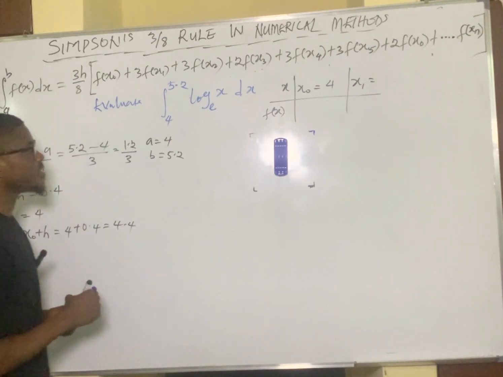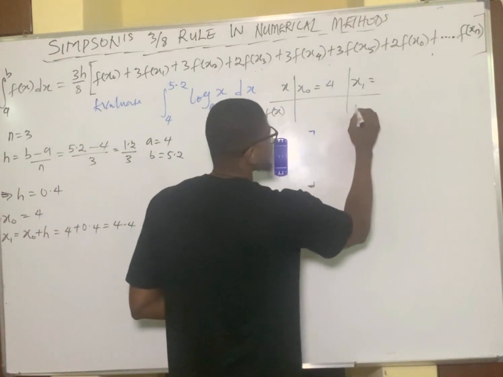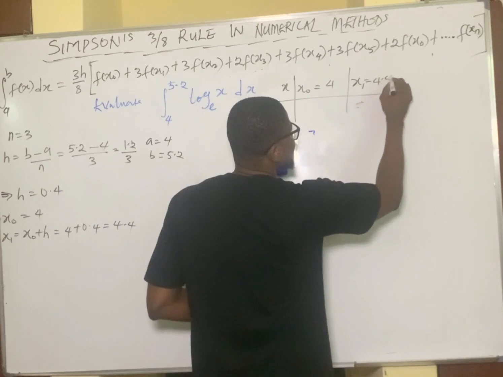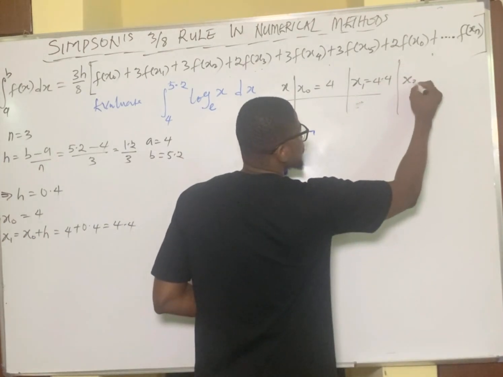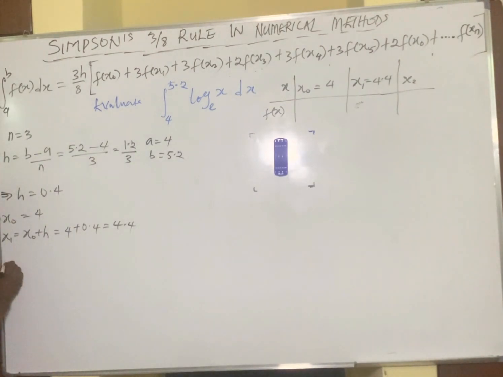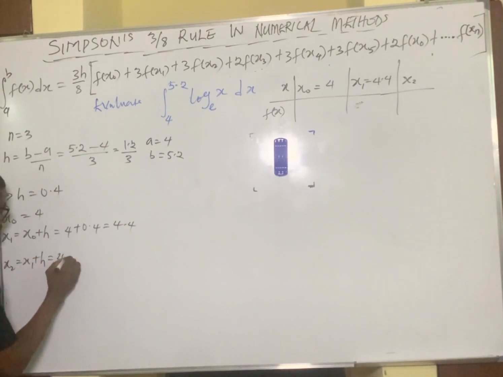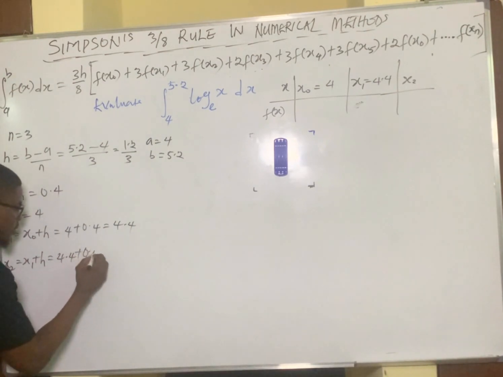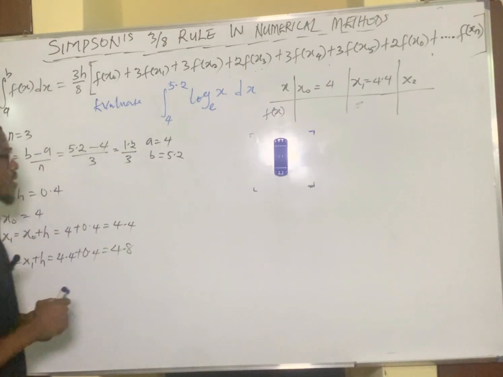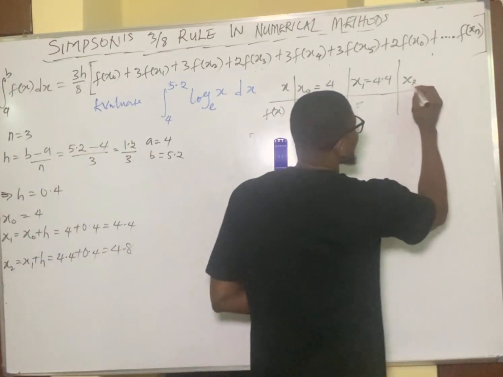So x1 equals 4.4. Next is x2. To find x2, x2 is equal to x1 plus h. This is 4.4 plus 0.4, which is 4.8. So x2 is 4.8.